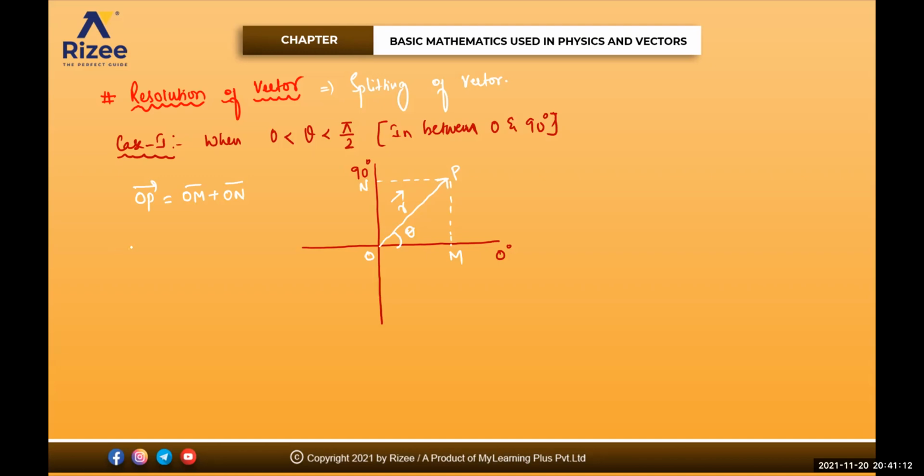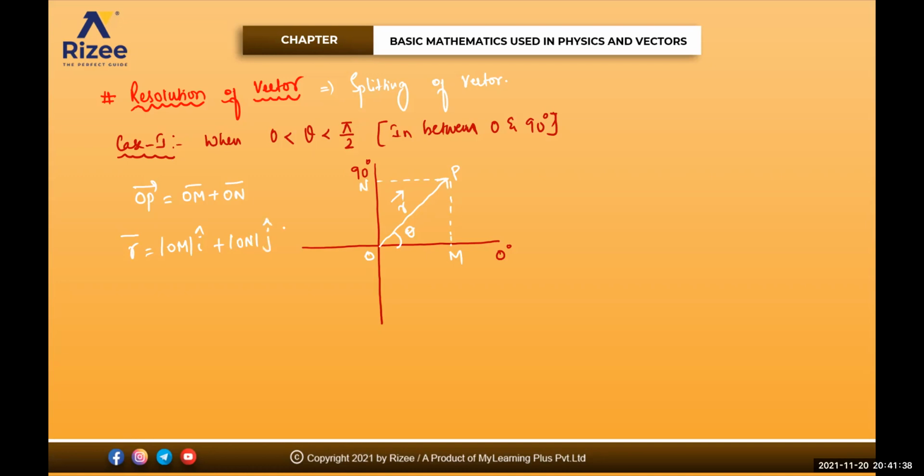That means OP is what? R bar. That is equal to OM, which is in which direction? Can anyone tell me? OM is in your I direction. So magnitude of OM in your I direction plus magnitude of ON in your J direction.